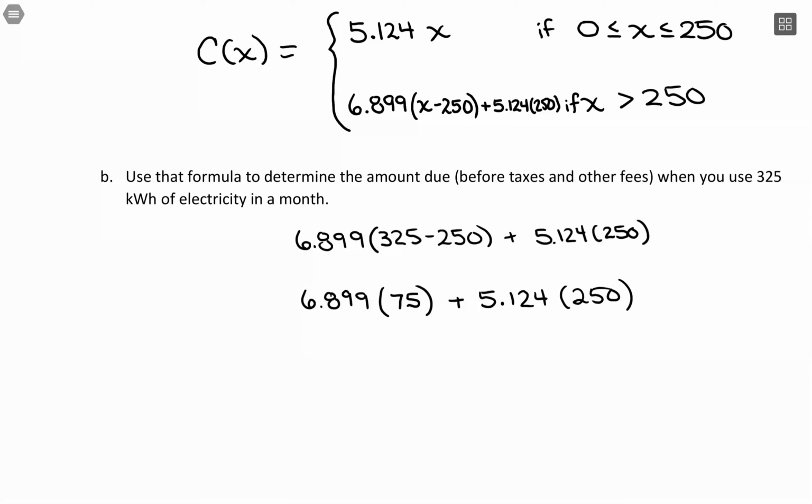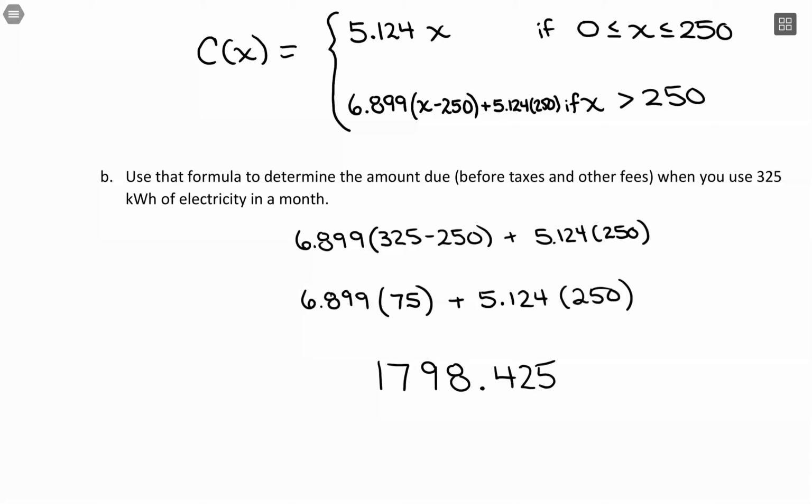If I view it this way, I can see my total 325 kilowatt hours spent, but I get these two different charges for it. So then I would combine all that together, which would be 1,798.425.